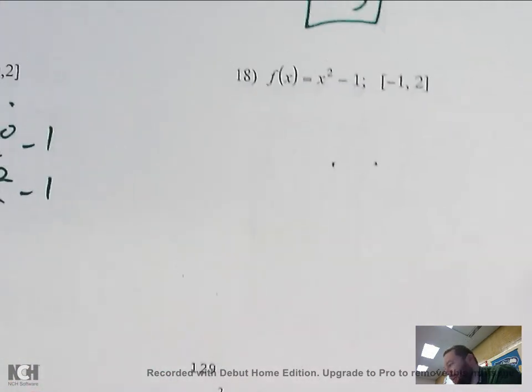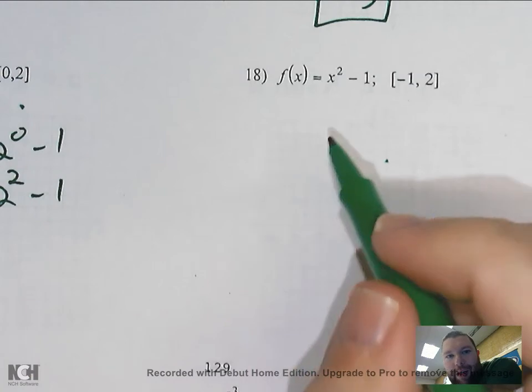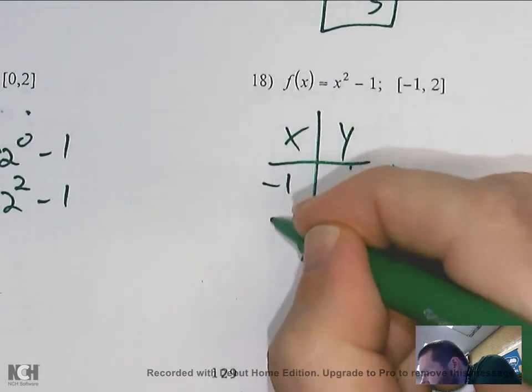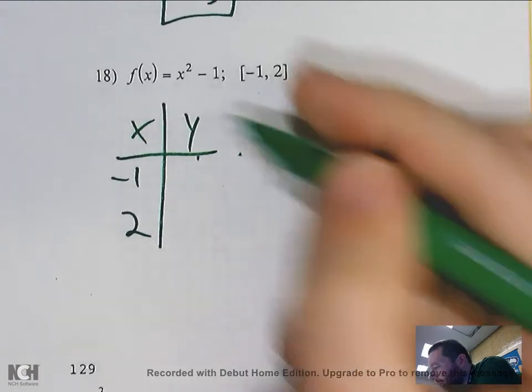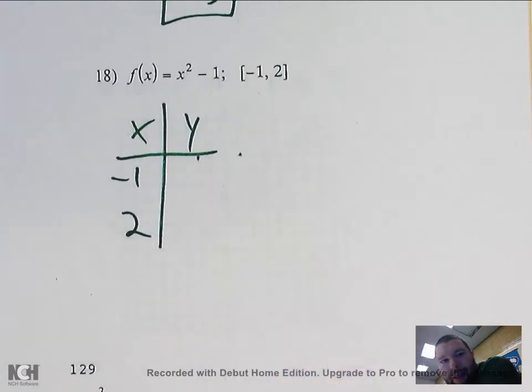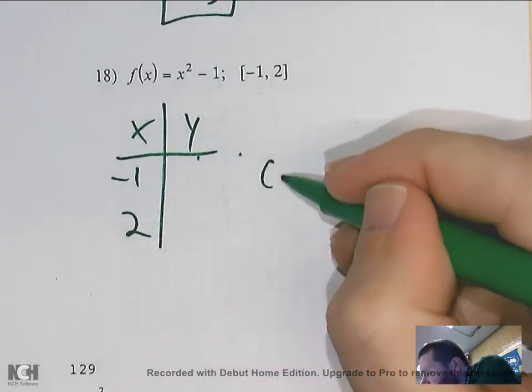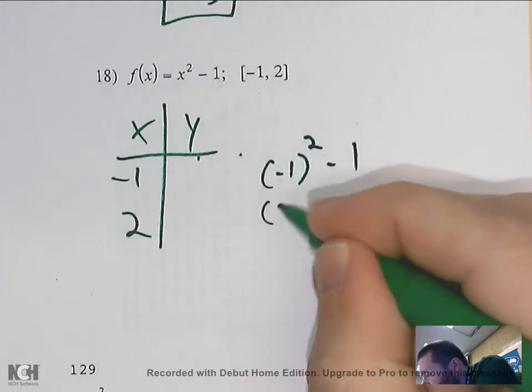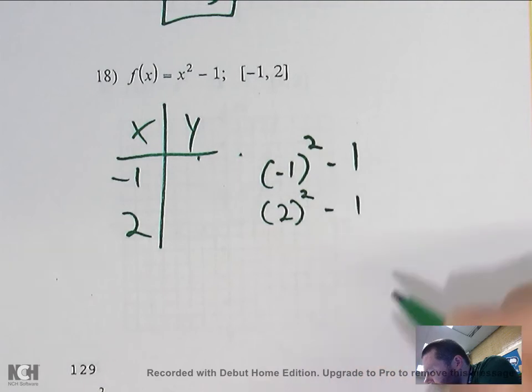Okay, last one. This one we're going to use negative 1 and 2. And we're going to plug them into this equation here. So it'll be parentheses negative 1 squared minus 1. And parentheses 2 squared minus 1.